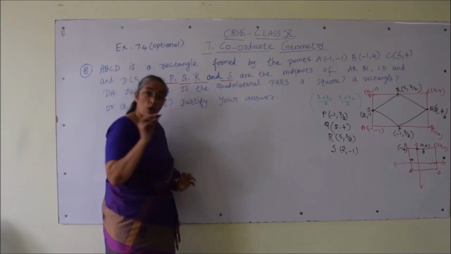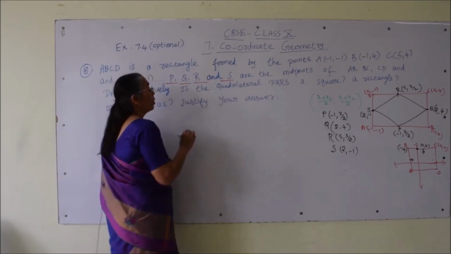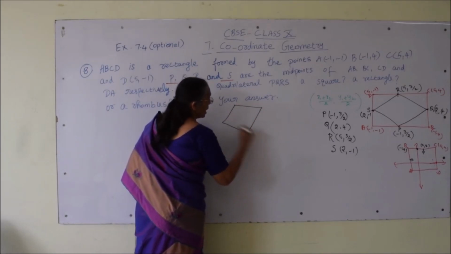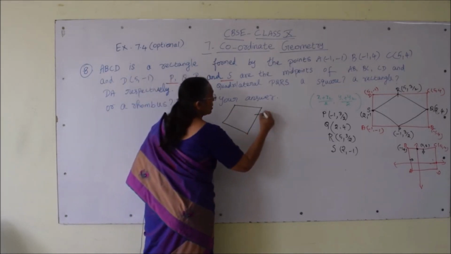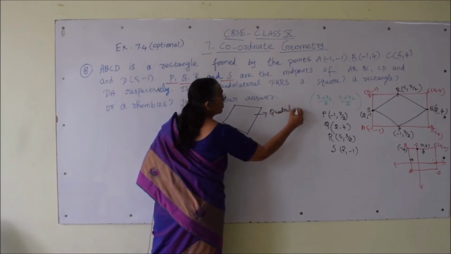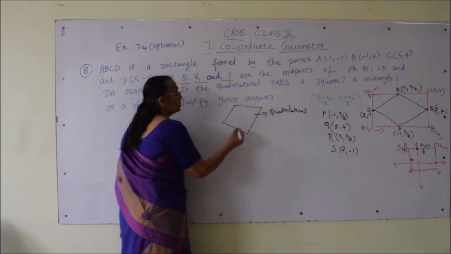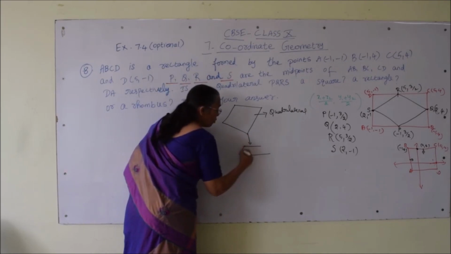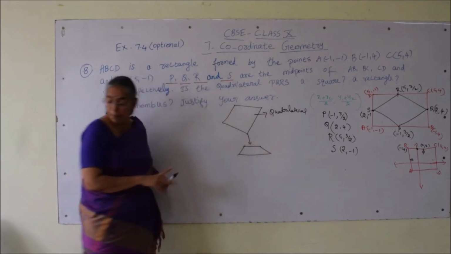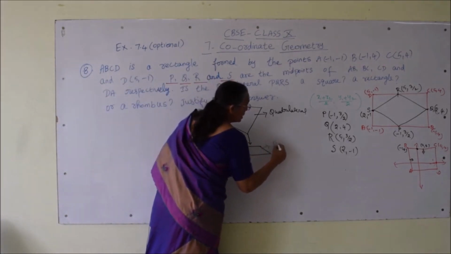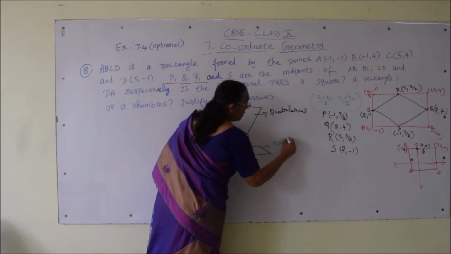So what do we mean by quadrilateral? Quadrilateral is any polygon of four sides, any closed figure of four sides. Now, this quadrilateral will change into a trapezium if one pair of sides is parallel.